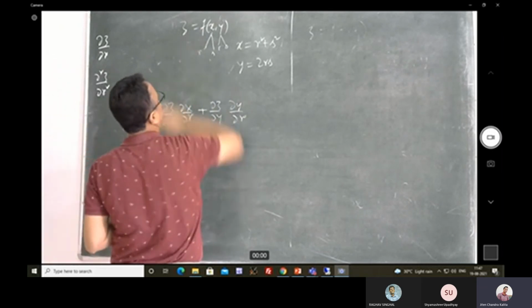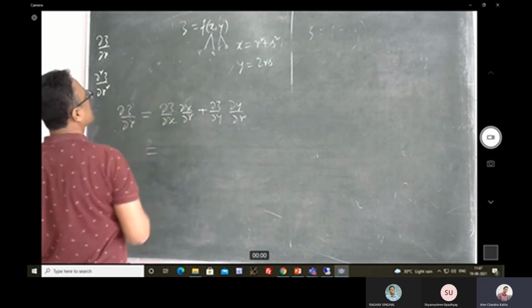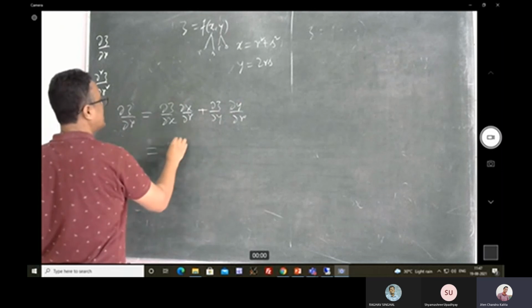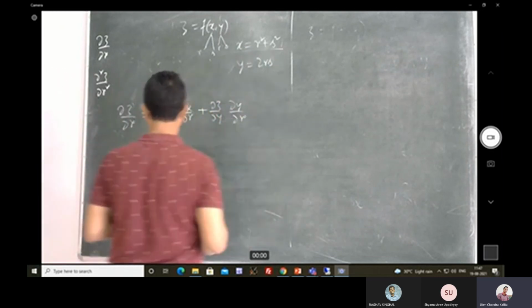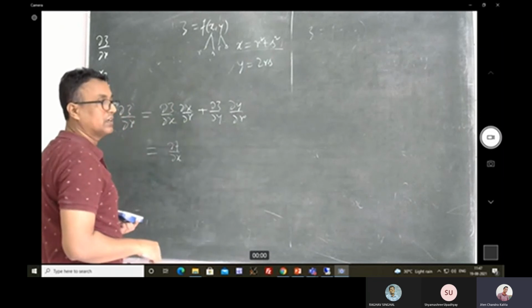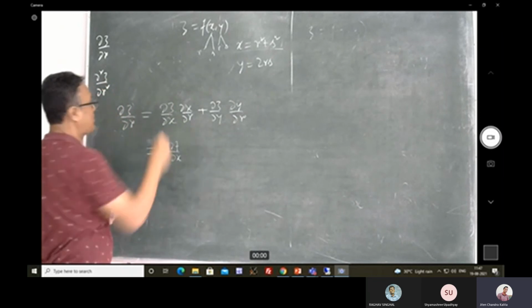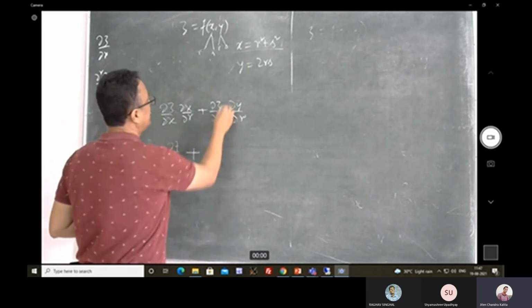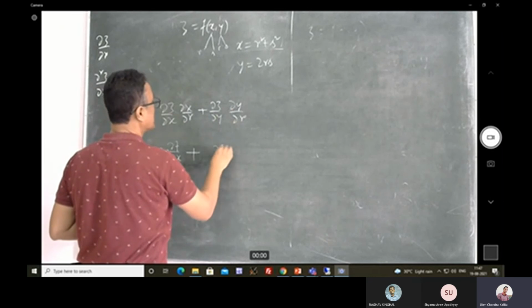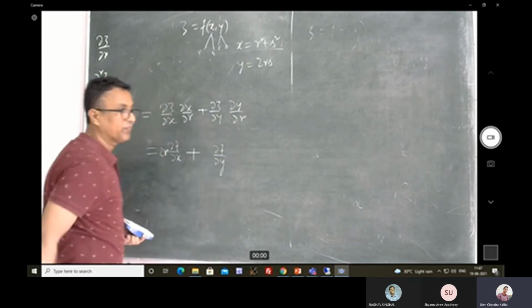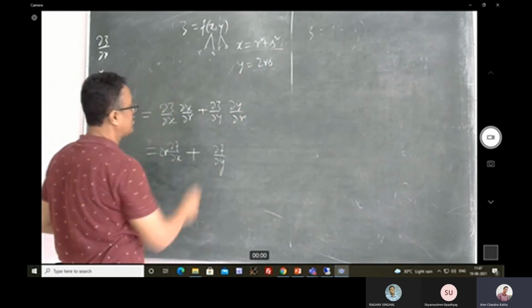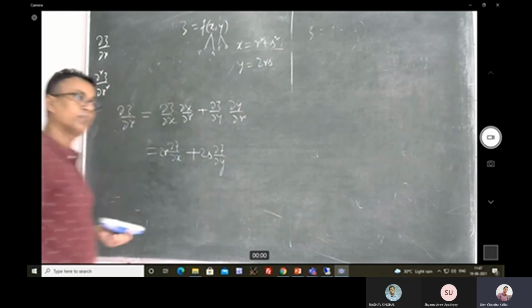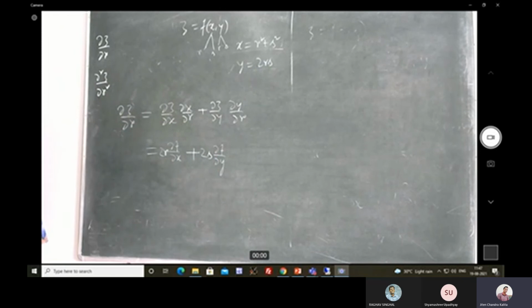I don't know the exact expression for del z del x, so I'm simply going to write it as del f del x. And del x del r, here you can see that this is simply 2r. And again, I cannot do anything about this, so this is del f del y. And del y del r is simply 2s.